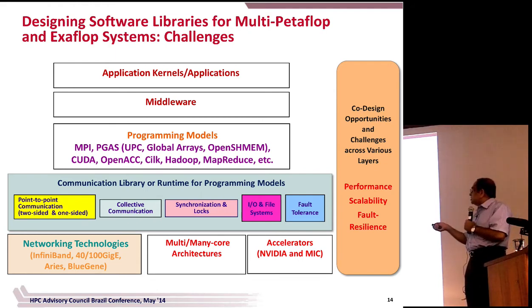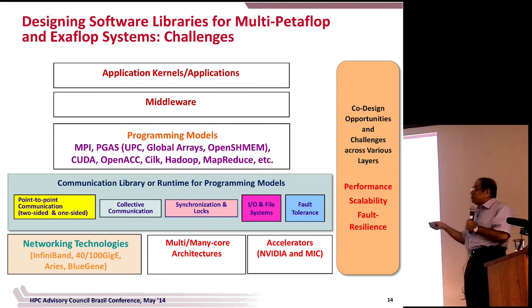And what does that mean? That means these applications are written with some middleware, or some programming models. Okay, that's what we discussed. The applications are written in this manner. It could be MPI, PGAS, CUDA, OpenACC, Cilk. Even for big data, which we will introduce a little bit later, like Hadoop, MapReduce, etc. So we need to take all this performance and deliver it to this layer.